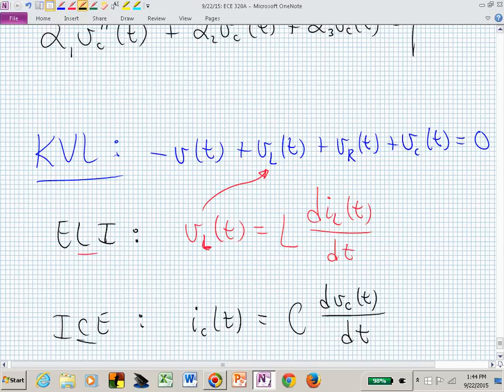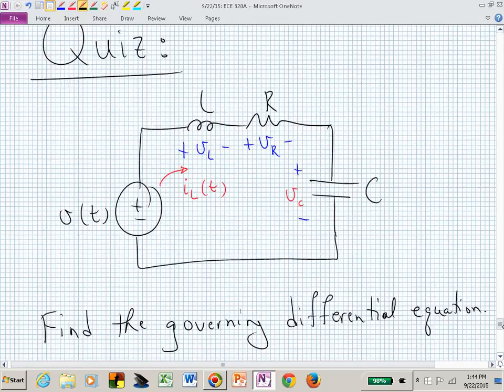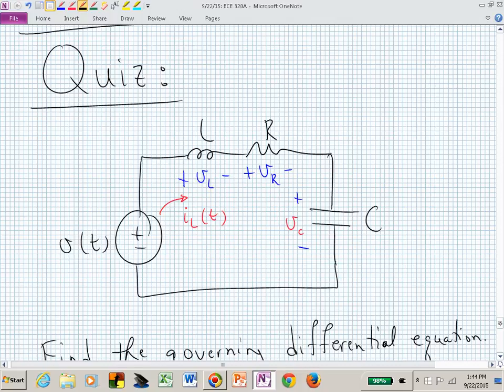But what do we know if we go back to this particular circuit? How is the capacitor current related to the inductor current? There's I sub C of t, isn't it? That's exactly the same current as I sub L. Maybe we can use that. Let's see how much further we can go.